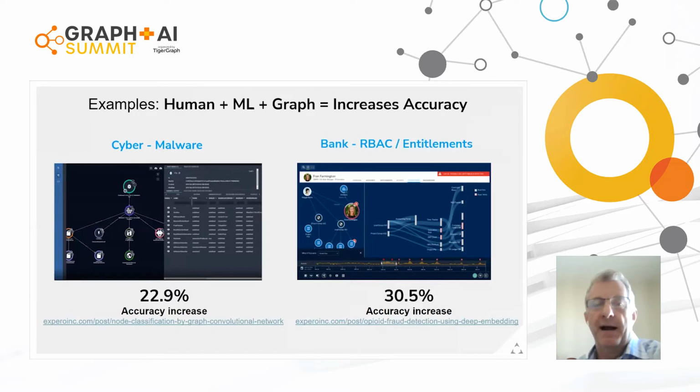Or we start to see cyber or malware, and then we can see the fact that a Tiger Graph is actually a lot like a Swiss Army knife. It can do all of those different kinds of use cases, and what we see here are some sample numbers within that. And again, over time, these tend to get better as the human and the coordination of a graph database are trained inside of our model.